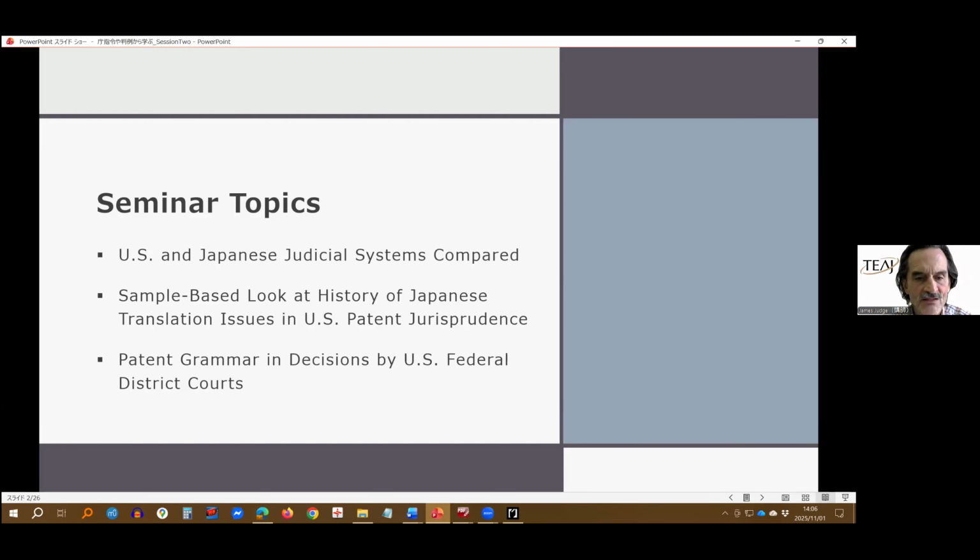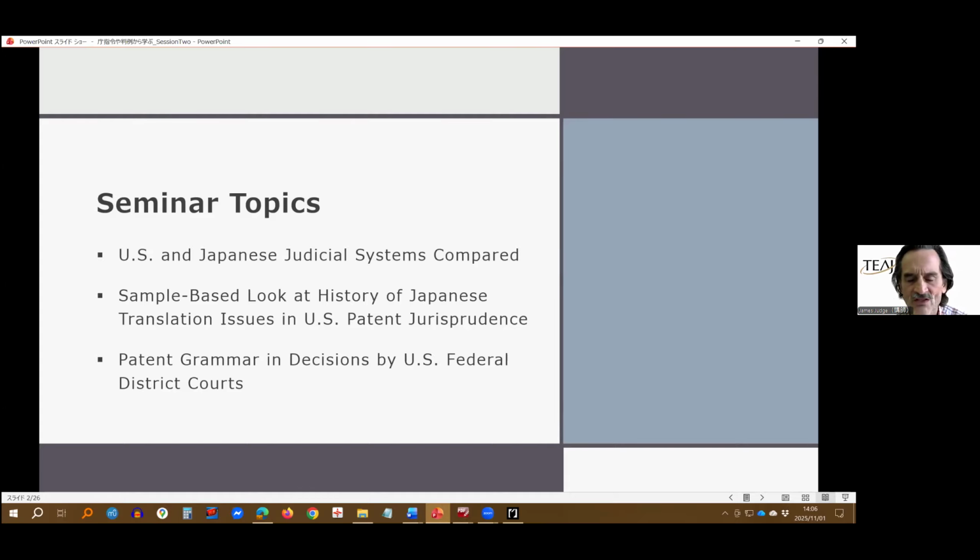And then the third topic is shorter. I will look briefly at how grammar, patent grammar in particular, appears in federal district court decisions involving patent disputes. So again, I feel that's a rather interesting, somewhat surprising aspect of U.S. patent practice, that the courts themselves discuss in their decisions grammatical issues.